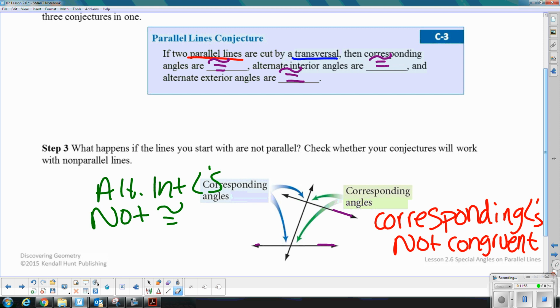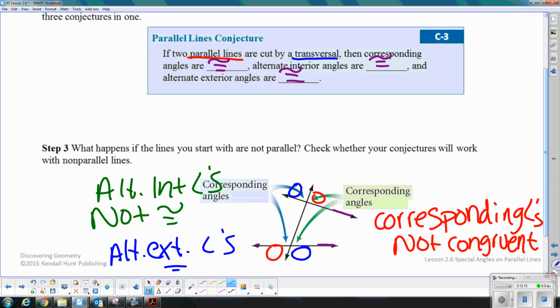And let's look at our alternate exterior angles. Those are also not congruent. So therefore, for our parallel lines conjecture, if we don't have parallel lines, then none of those pieces are true.